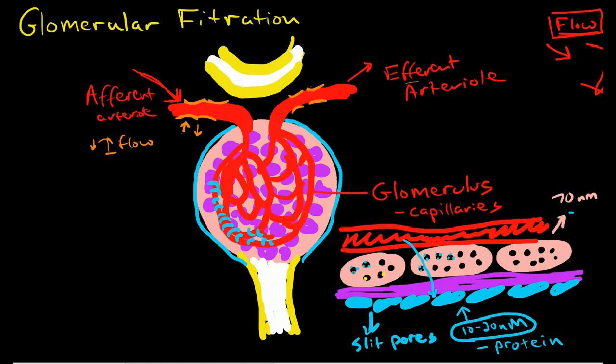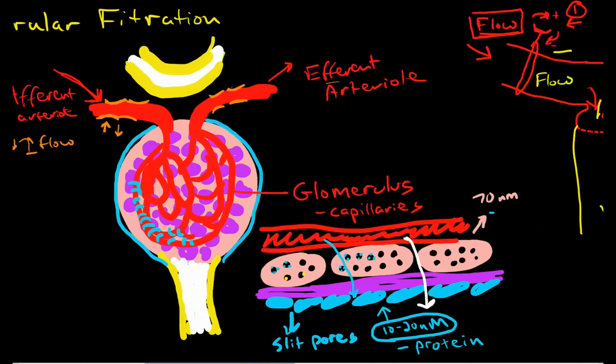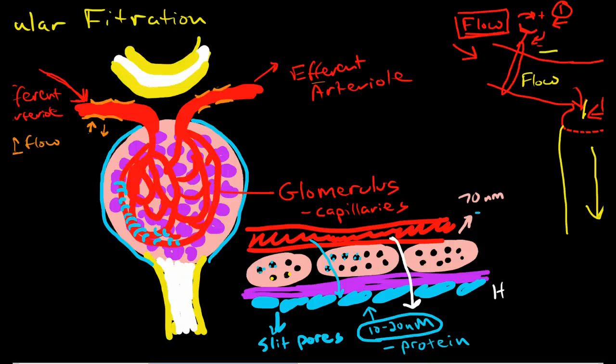So plasma inside the capillaries is selectively filtered. The selective filtration allows water and electrolytes to freely pass, but it prevents the passage of protein and other large charged molecules.